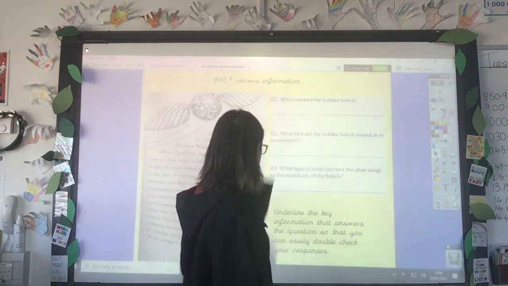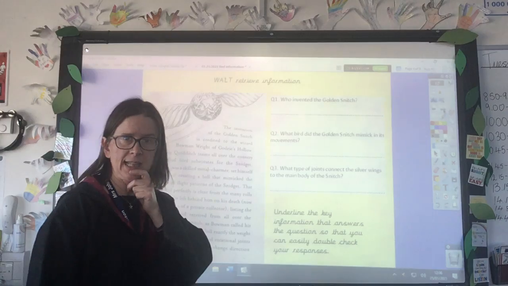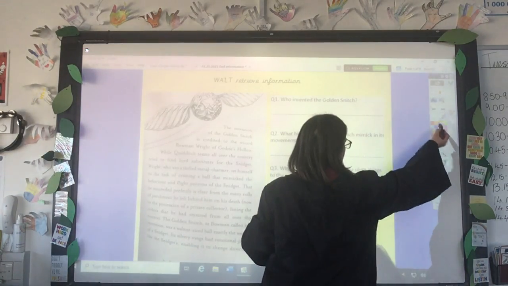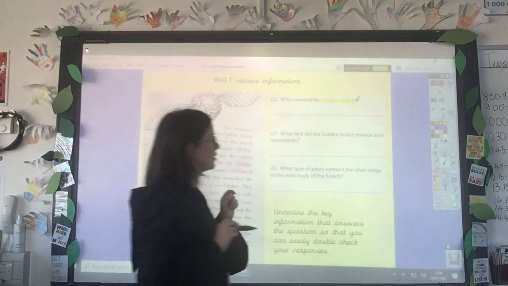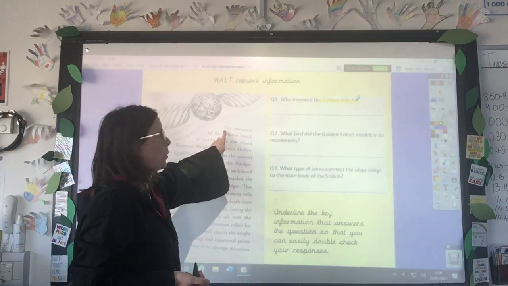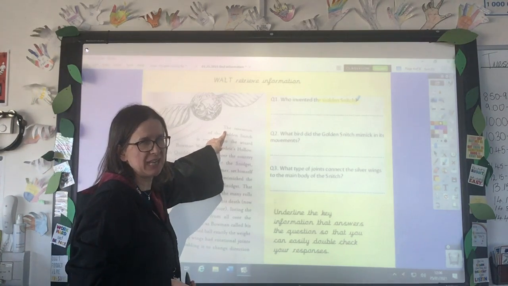So question 1, it says, who invented the golden snitch? So let's have a look. This is my key word, isn't it, that I want to find. I want to find some information about the golden snitch. And look, it's quite handy. Usually the questions go in the same order as the text.